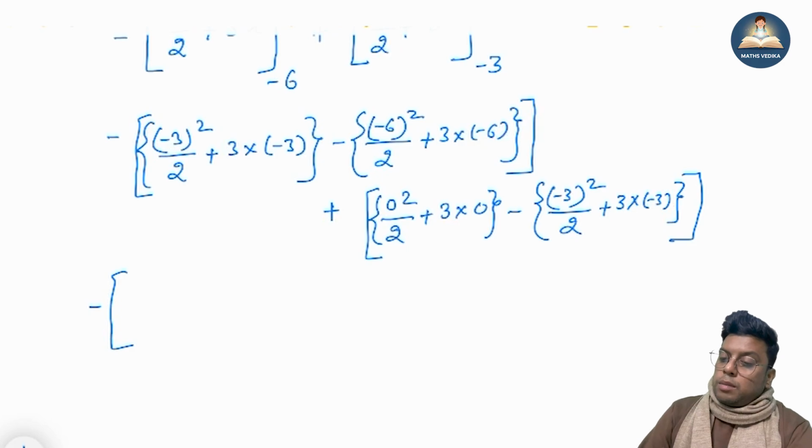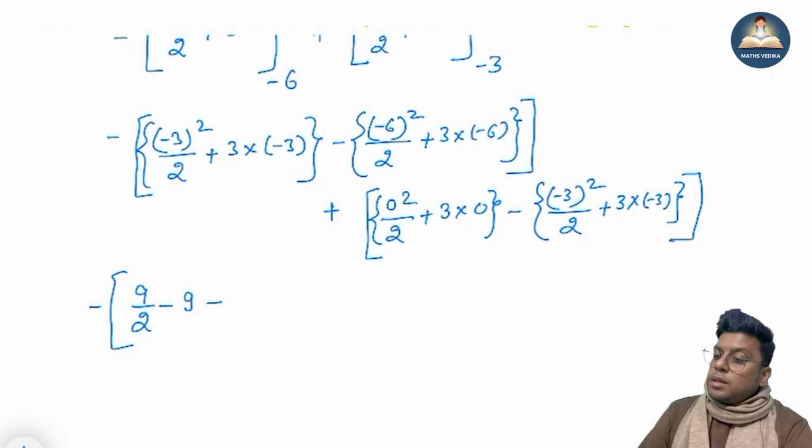Let's put minus before the bracket. (-3)² is 9, so 9/2 minus 3 × 3 is 9, minus 6² is 36 by 2, and here 3 × (-6) is -18, and minus minus becomes plus 18.